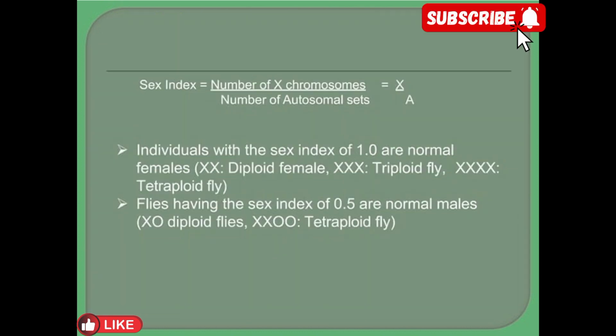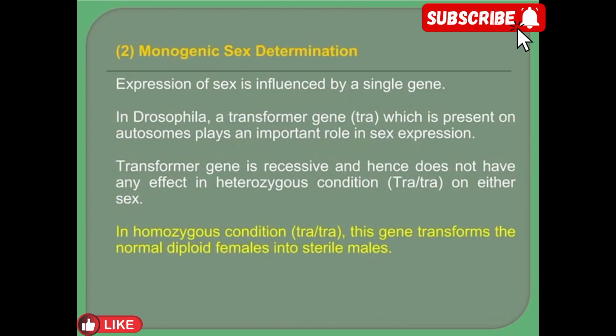So this can be easily calculated: the sex index ratio is the number of X chromosomes divided by the number of autosomes. Individuals with a sex index of 1 are normal females, and flies having a sex index of 0.5 are normal males. This theory is known as the genic balance theory, which was proposed by Bridges. And this is the summary of the genic balance theory.